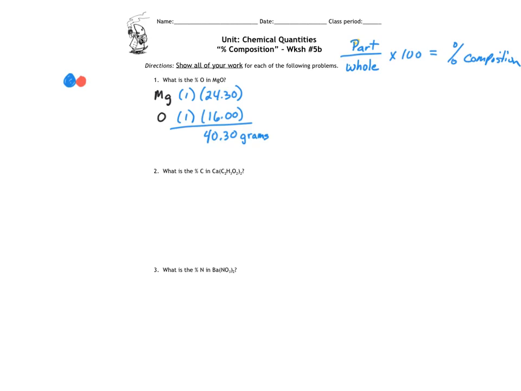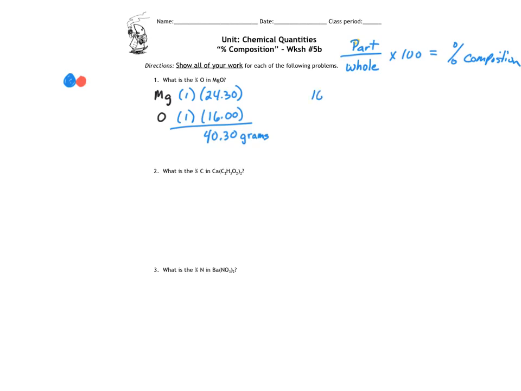So there's our whole. The amount of magnesium we had was 24.30. The amount of oxygen is 16.00. Now, the only part we care about in this question is the percent of oxygen.